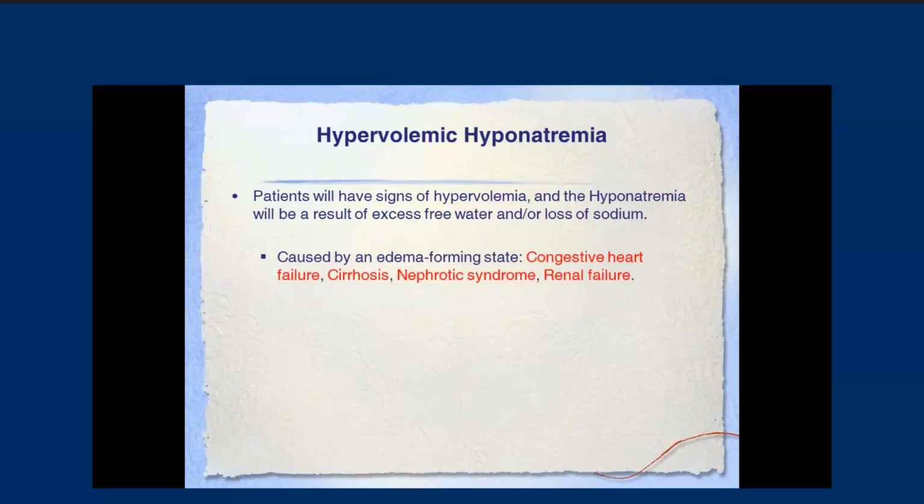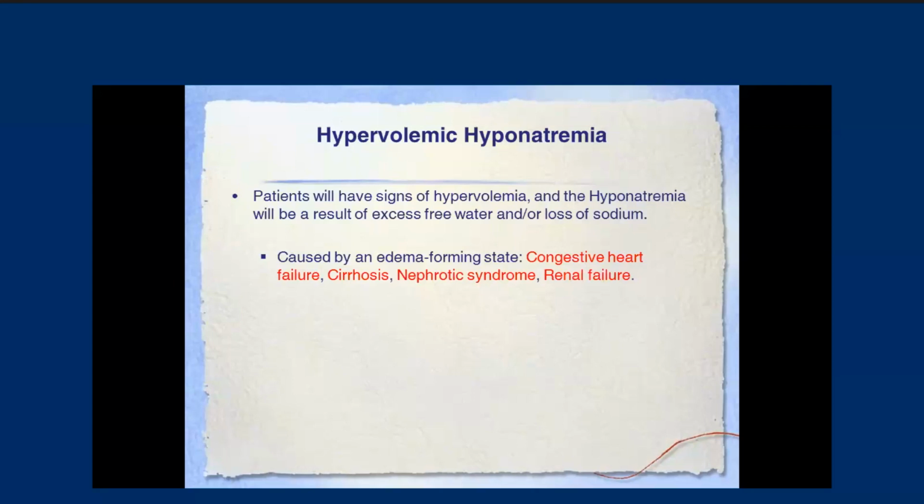So edema forming states like congestive heart failure and cirrhosis may lead patients to develop hypervolemic hyponatremia. This is also due to a decrement in effective arterial volume or effective circulating blood volume, which is the volume of blood perfusing the tissues.